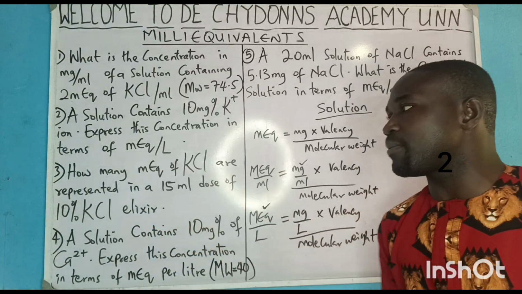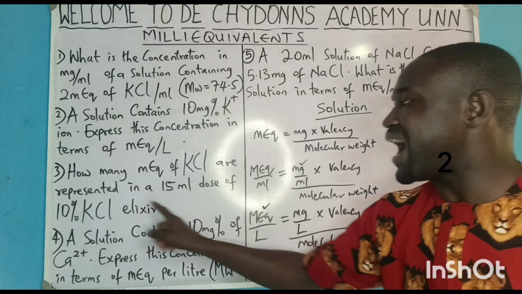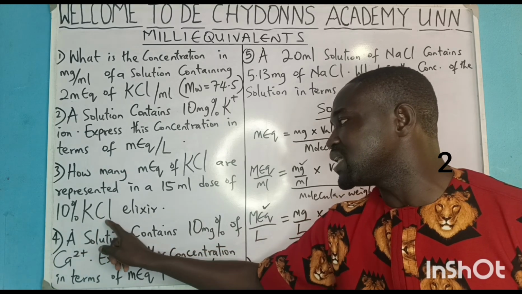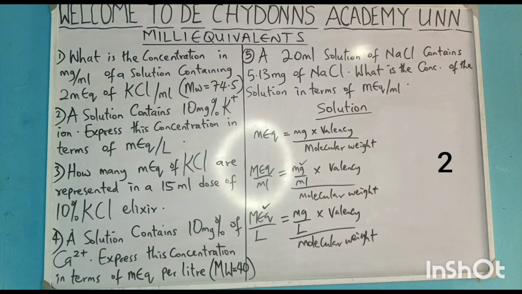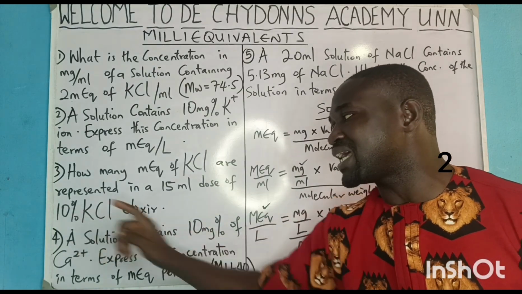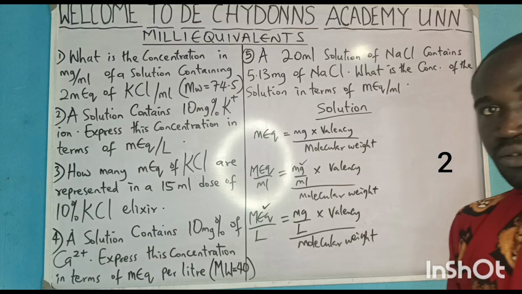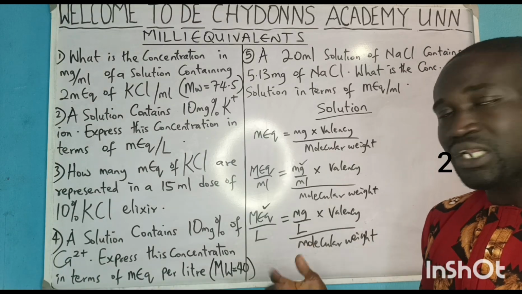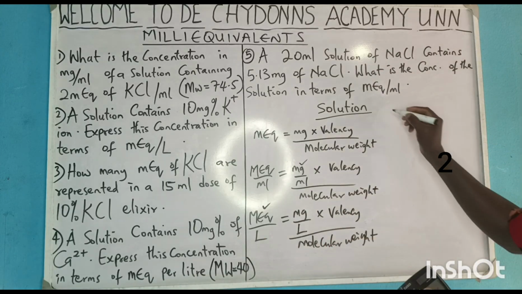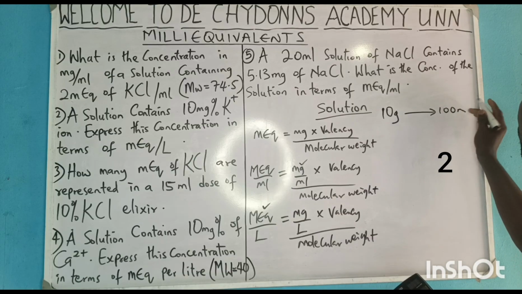Now, to answer question number 3: how many milliequivalents of KCl are represented in a 15 ml dose of 10% KCl elixir? Now, they say 15 mil dose of this. What does 10% mean in pharmacy? When we are talking about percentage concentrations, this 10%, what does it mean? It means 10 gram in 100 mil.